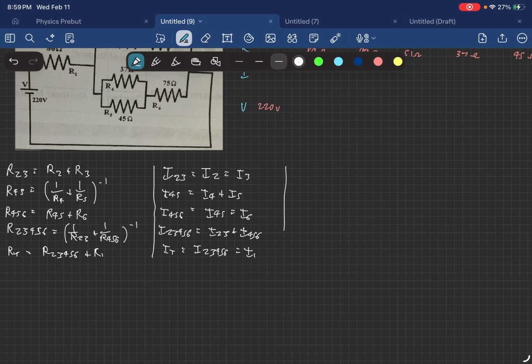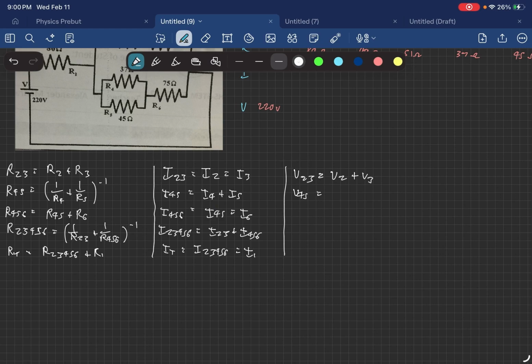And then for our last value, voltage. Voltage in series is the summation, so V23 is V2 plus V3. V45 is in parallel, and when voltage is in parallel, they're equal, because you get the voltage directly from the source.